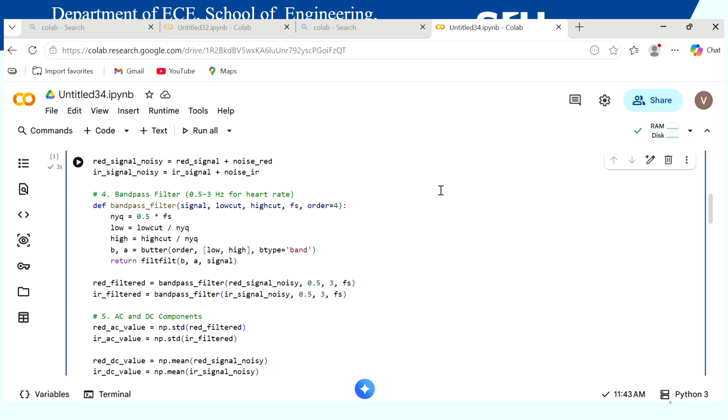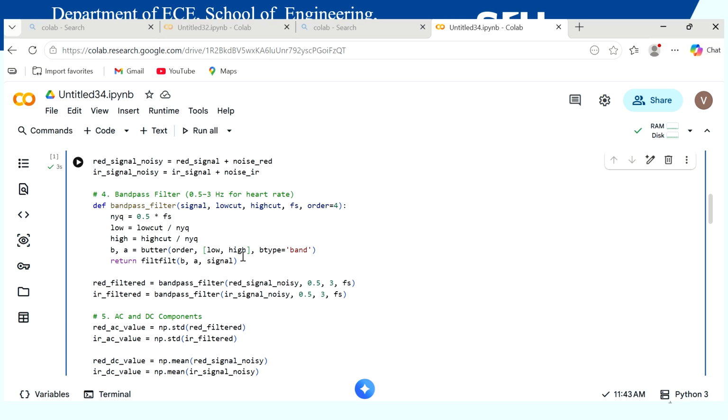If the order is higher, the filtering will be steeper and smoother, so the operation will be good. That is why we are opting for order 4. That is almost a higher order filter. Order 1 is not; 2 and 3 are already higher order. So beyond 3, order 4 is a very good, very high order filter.